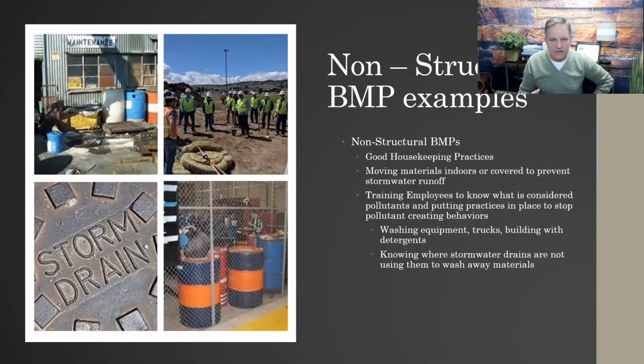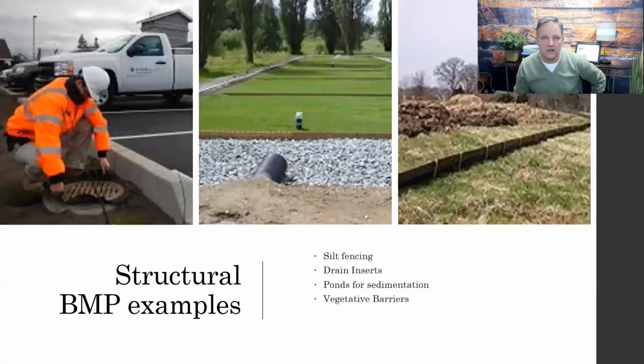Also training practices and things like training employees to know what is considered stormwater pollutants, and putting practices in place to stop pollutants from being created in the first place, such as using detergents for washing down buildings or trucks or areas that could then get rained upon and wash detergent and things like that into stormwater systems. And then knowing where stormwater drains are and not using them to wash down any materials. Just some basic examples of what non-structural BMPs are.